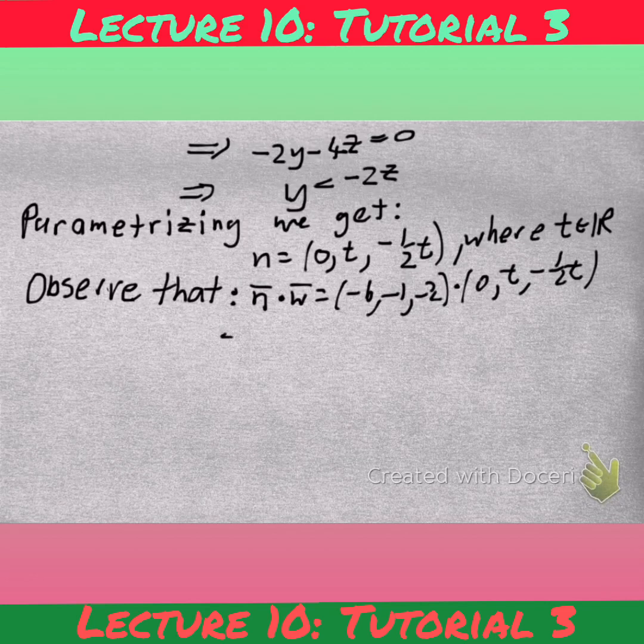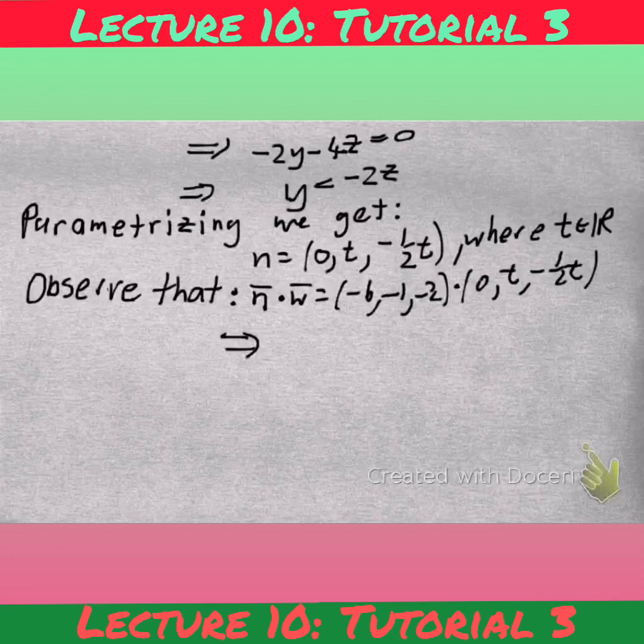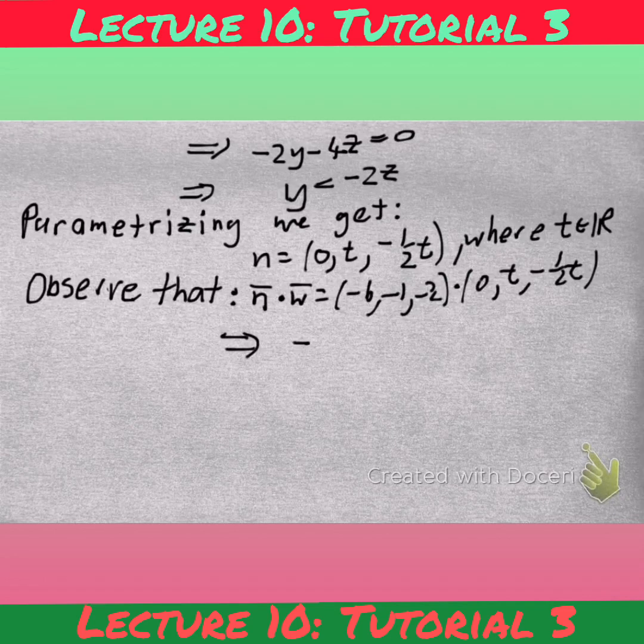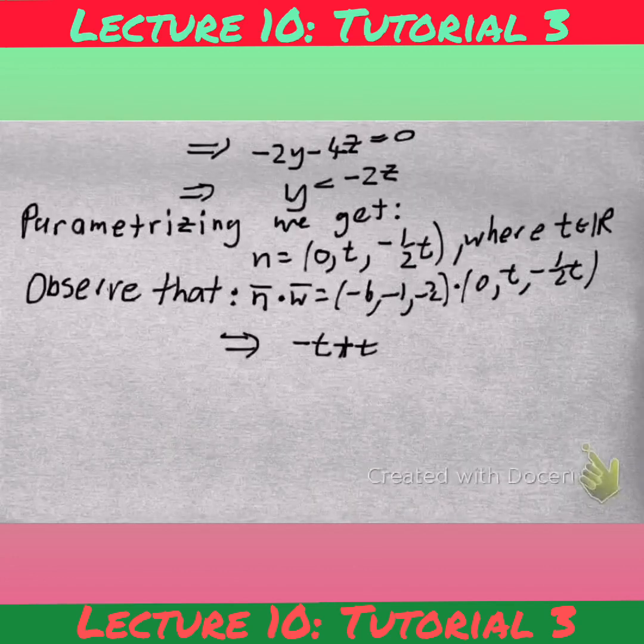So that then basically becomes minus t plus t, which is equal to 0.